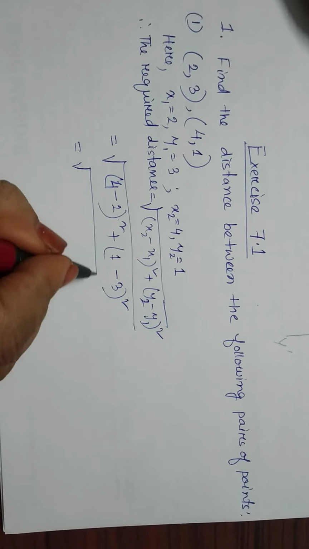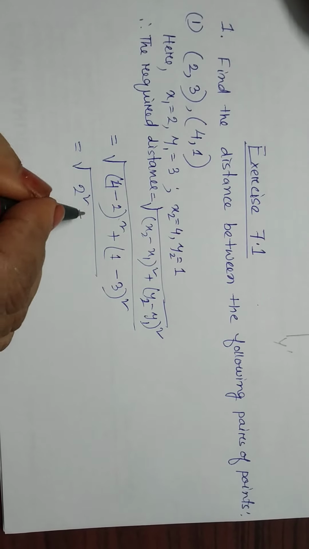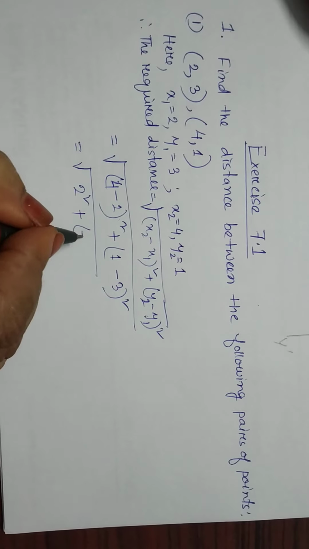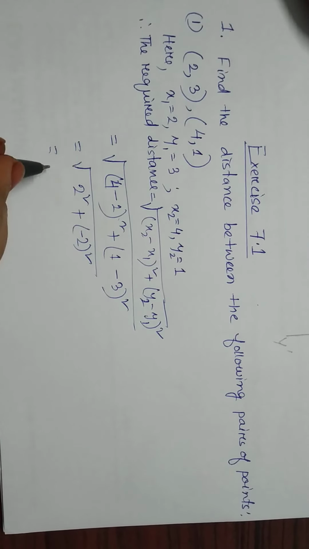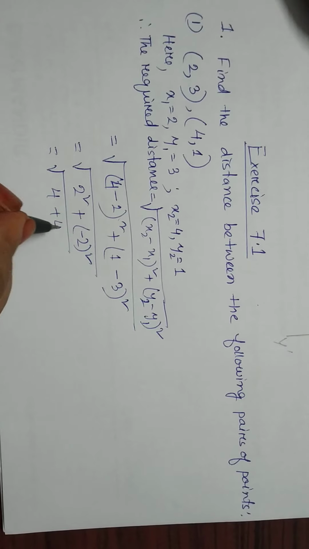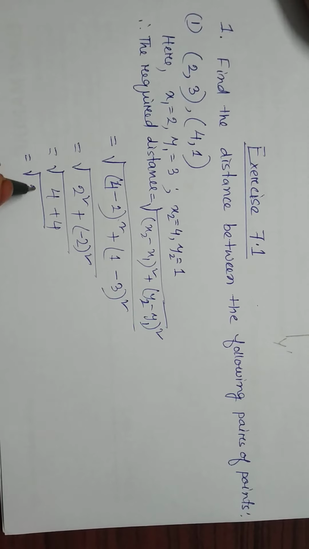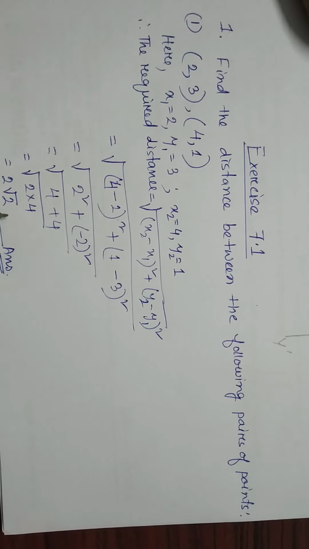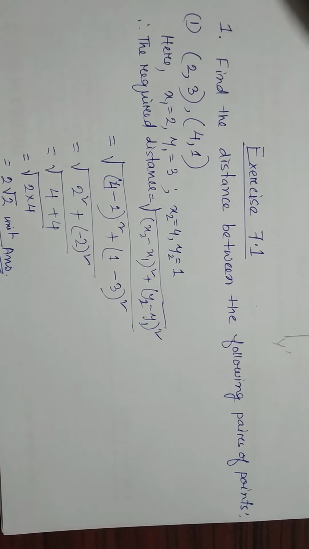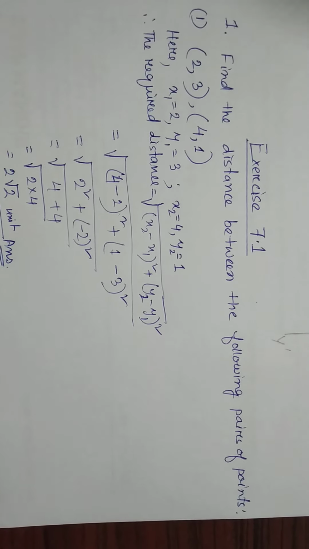Now 4 minus 2 means 2 square plus 1 minus 3 means minus 2 whole square. This is 4 plus 4, that is the square root of 8, which is 2 root 2. This is the answer. Here you can write the unit also because this is a distance. I hope you understand.